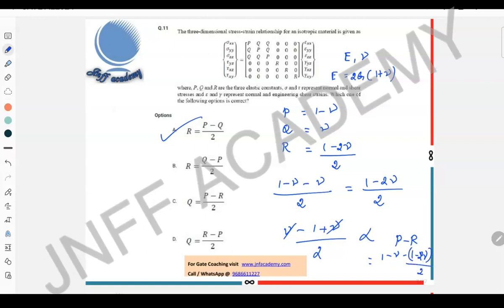Yeah, this will also not give the correct answer. Then let us check the last option, R minus P. What is R? 1 minus 2 nu by 2 minus P, which is 1 minus nu whole divided by 2. This is also wrong. So the only correct option is A.